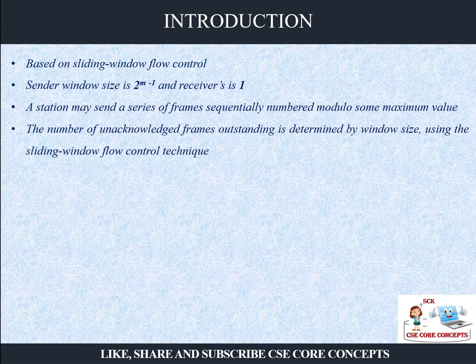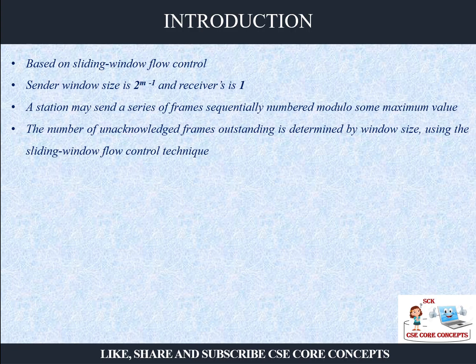Now, a sender or a station may send a series of frames sequentially numbered modulo some maximum value. We have discussed this concept in the sliding window flow control, where we have a buffer size or sequence number. Let's say if it is a 3-bit sequence number, then the sequence number will range from 0 to 7, and after 7 again we have to restart from 0, that is modulo the maximum value.